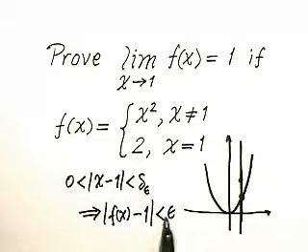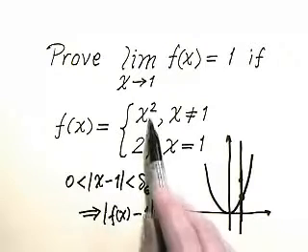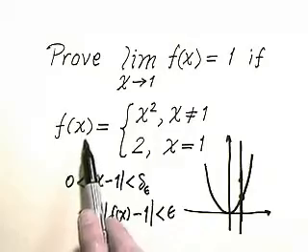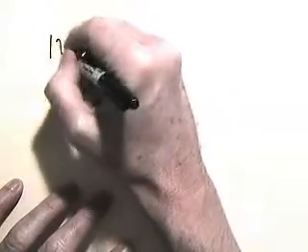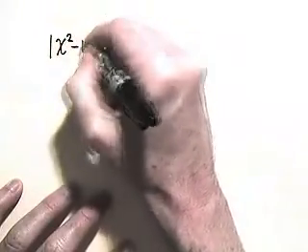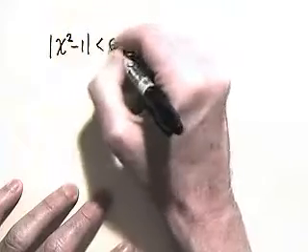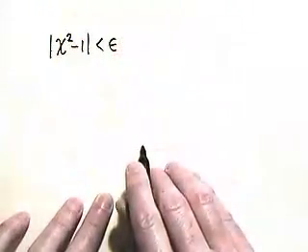So let's begin by looking at our inequality involving epsilon. Our inequality now is simply absolute value of x squared minus 1 less than epsilon. And what we can notice right off is that x squared minus 1 factors as x minus 1 times x plus 1.